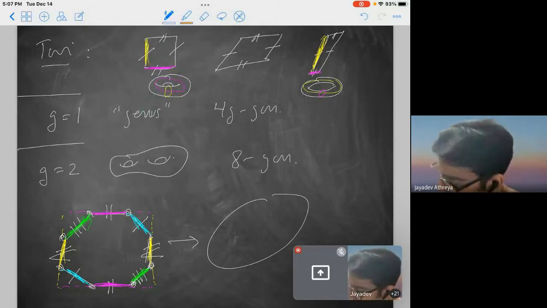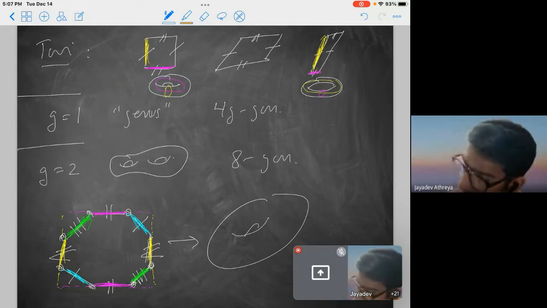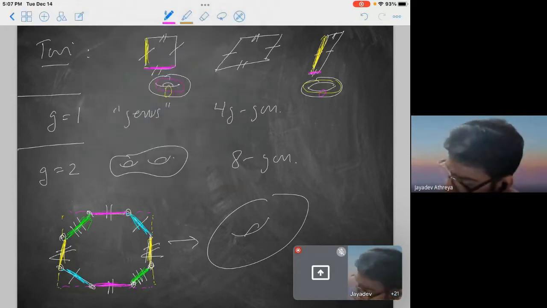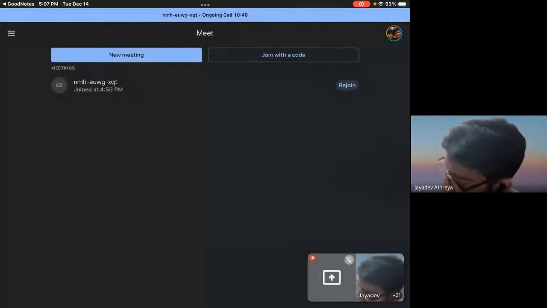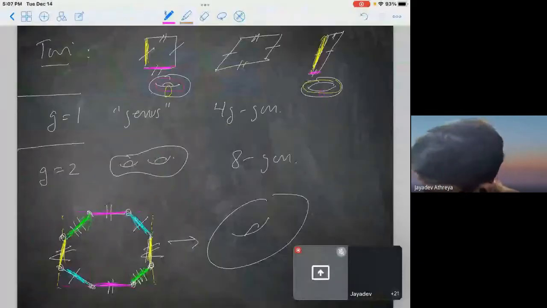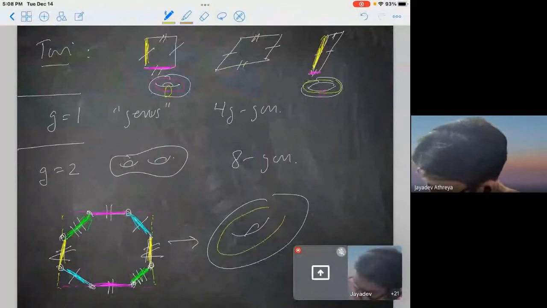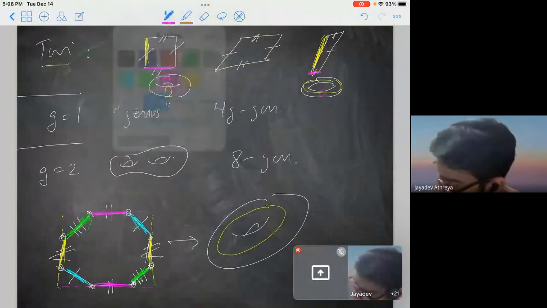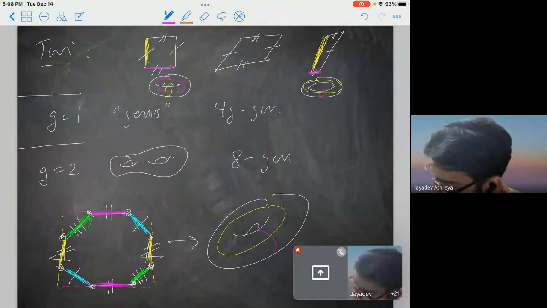And so this torus here, and I'll draw this in a second, has this one big yellow curve going around it, and this other pink curve going around it.